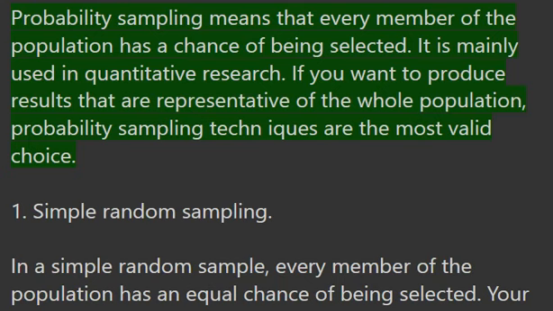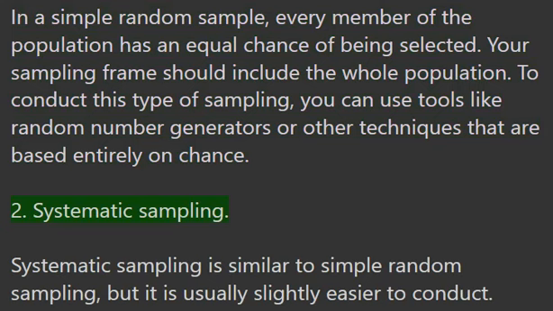In a simple random sample, every member of the population has an equal chance of being selected. Your sampling frame should include the whole population. To conduct this type of sampling, you can use tools like random number generators or other techniques that are based entirely on chance. 2. Systematic sampling.